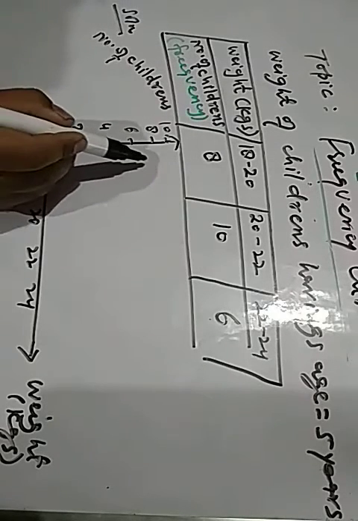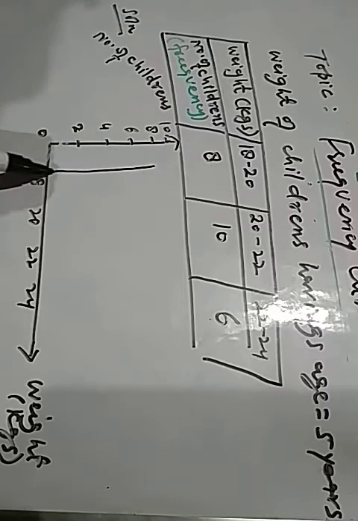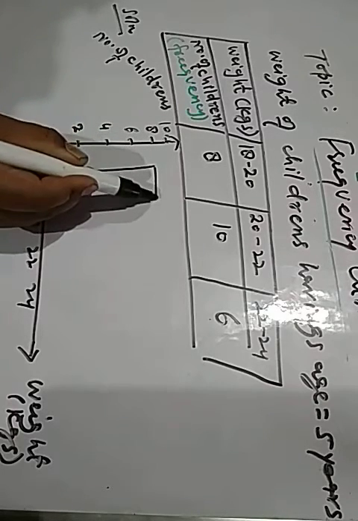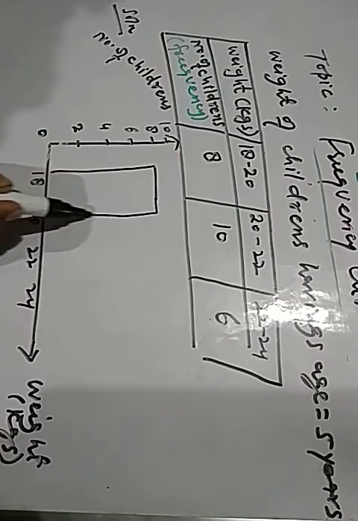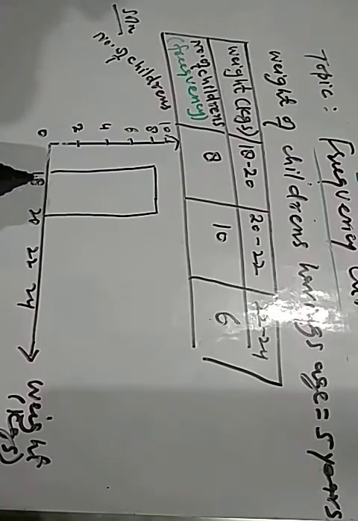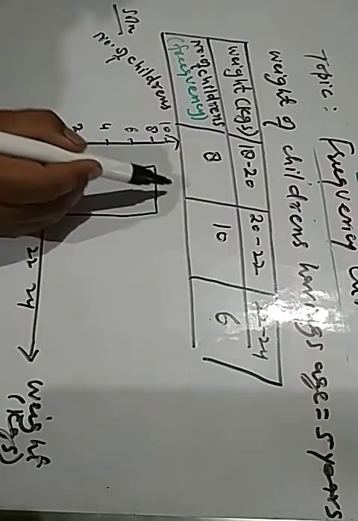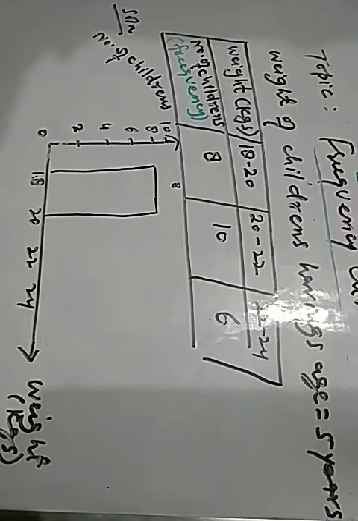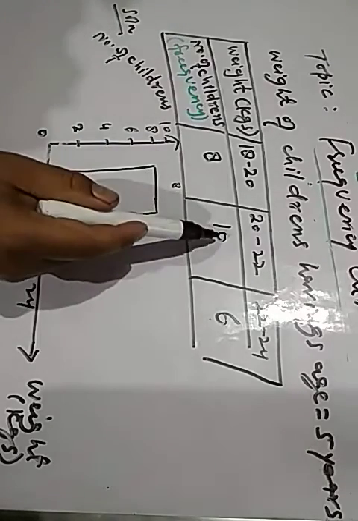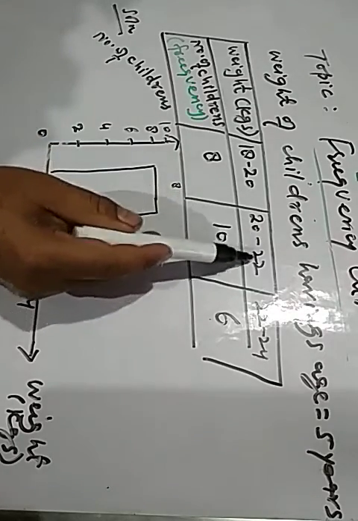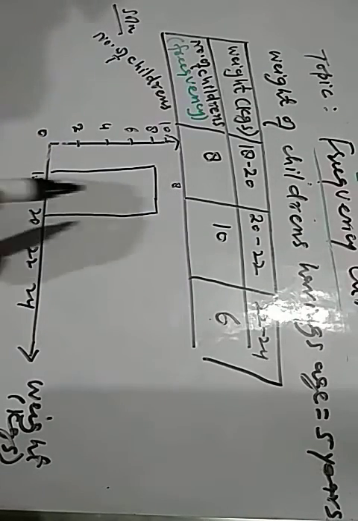Now, in the first weight group, there are 8 children. This is the 8, and the weight lies between 18 to 20. In the weight group of 20 to 22 kgs, there are 10 students.